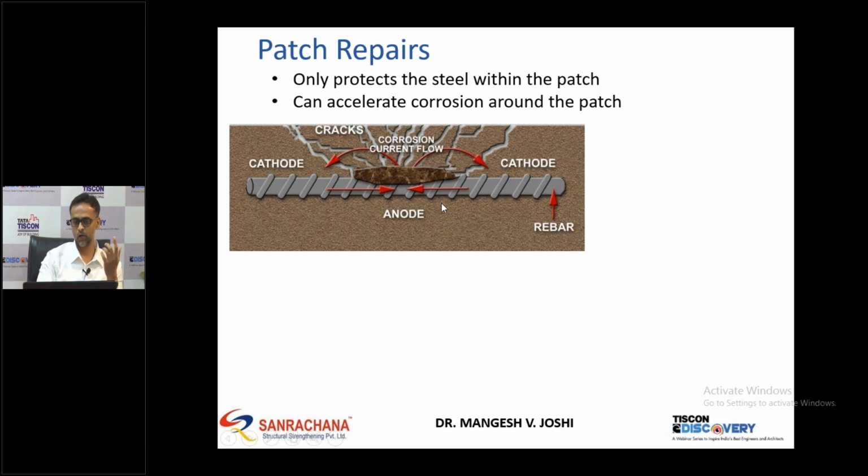Corrosion is an electrochemical process, so there is a formation of anode where we normally see the spoiling of RCC, and at the cathode zone you will not see the corrosion of steel. This particular situation, localized cathode and anode, arises because of local honeycombing or local issues with the concrete.